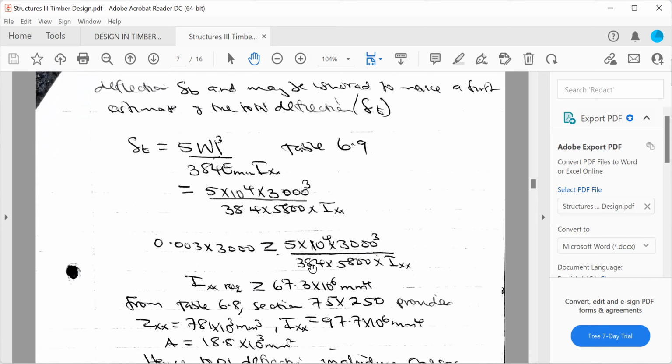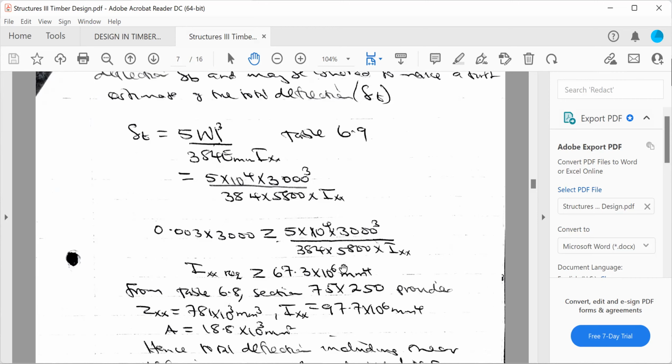So 5 times 10 power 4 times 3000 cubed divided by 384 times 5800 times IXX. If I make IXX the subject, you find that IXX will at least be equal to 67.3 times 10 to the power 6 millimeter power 4.